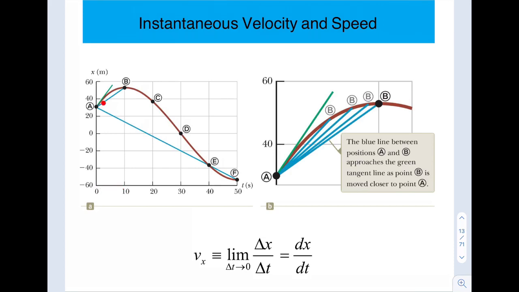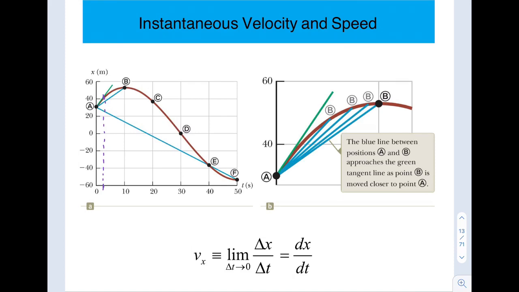If we want a particular time at this position, let's say 2 seconds, and at that particular time we want to know the velocity of the car, how are we going to do it?